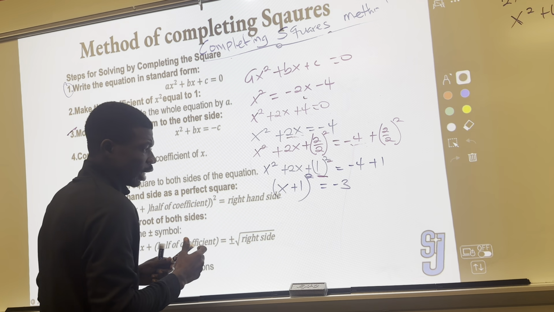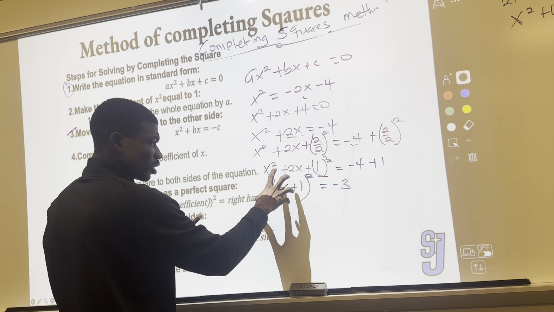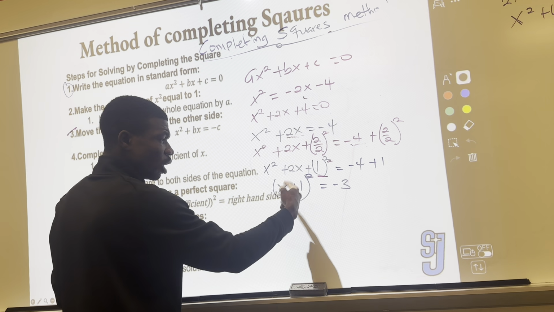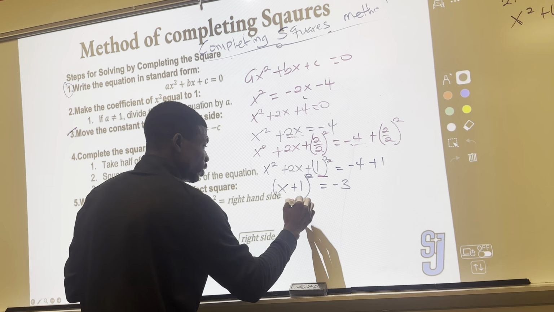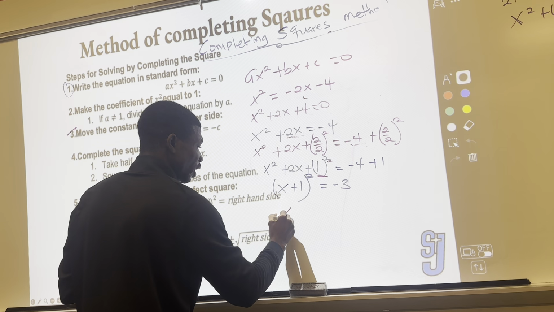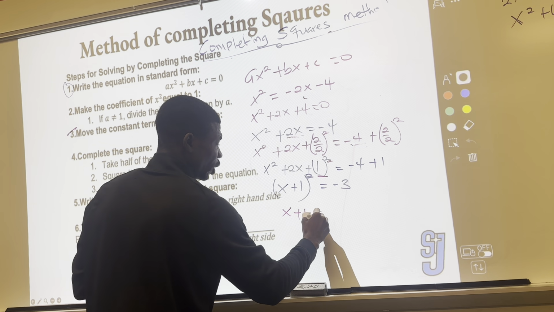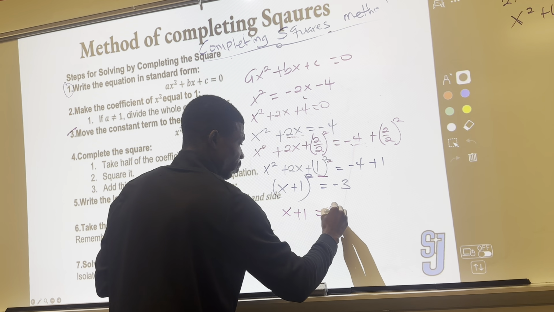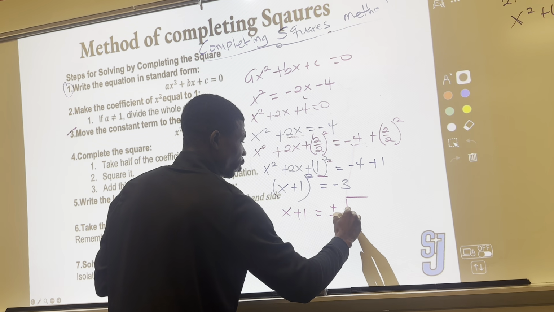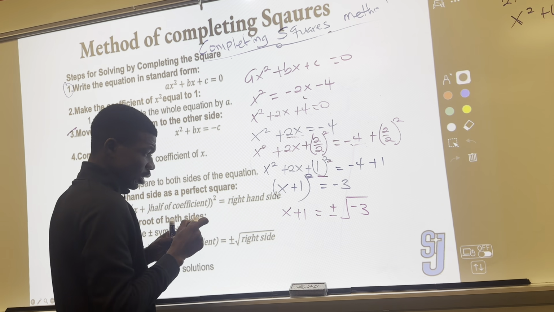So now, because you are here, you take the square root of both sides. And so if you take the square root of both sides, you have x plus 1 equals plus or minus the square root of -3.